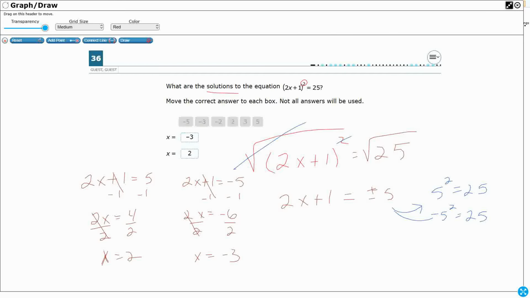Now this is a 2-point problem, and we have 34% of our students that got both points. We had 42% get just 1 point. So most likely they were just thinking of this positive root right here. They got the 4, they got down to 4, they divided by 2, and they got this right here.